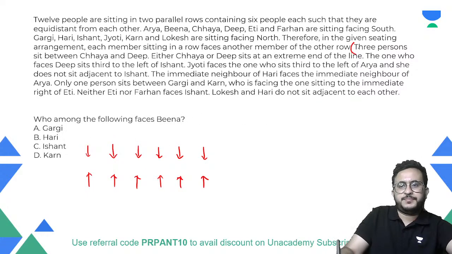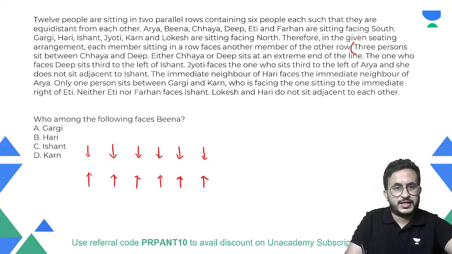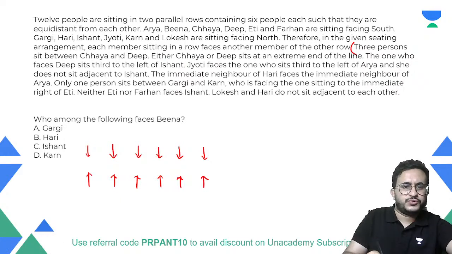So it says 3 persons sit between Chaya and Deep, right? So now this is a large gap. Either Chaya or Deep sits at an extreme end of the line. Chaya and Deep are facing south. So 3 people between them.